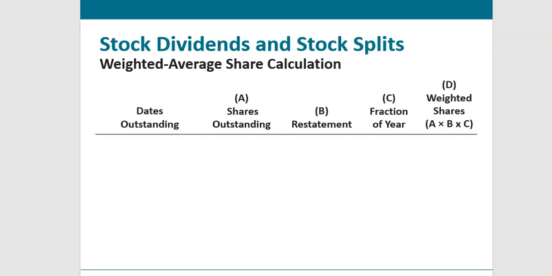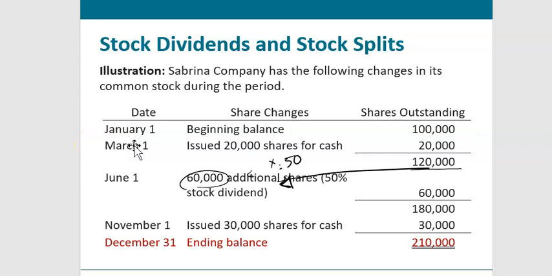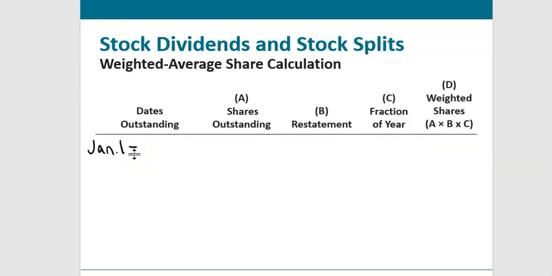So we start on January 1st and we continue until the event date. The next event date was on March 1st. The company had 100,000 shares outstanding. So we continue just as we normally would. Hold off on the restatement because on March 1st, we still don't know anything about the restatement.